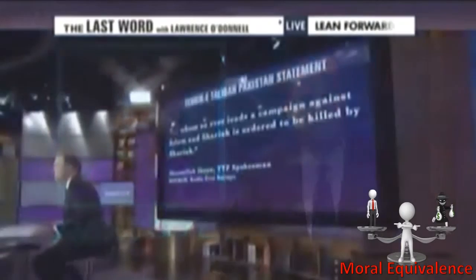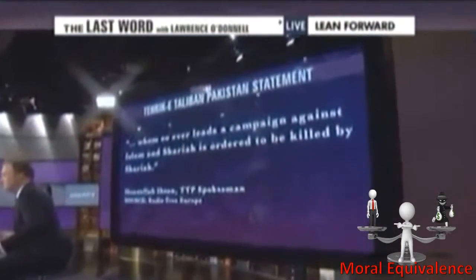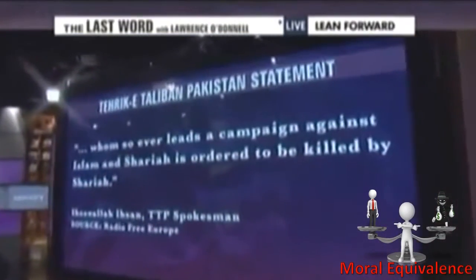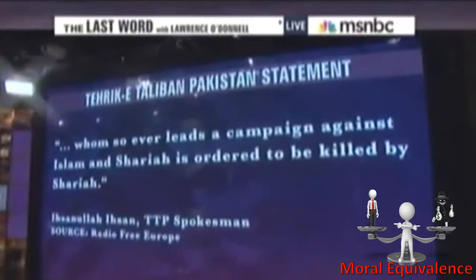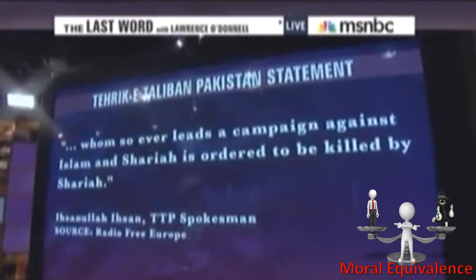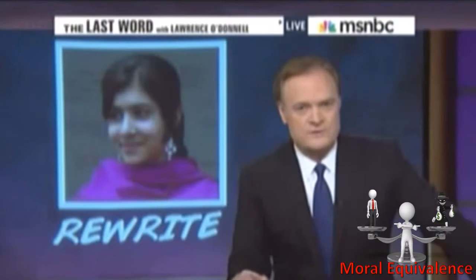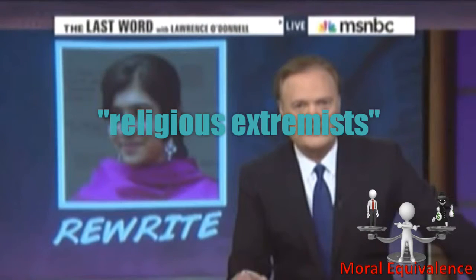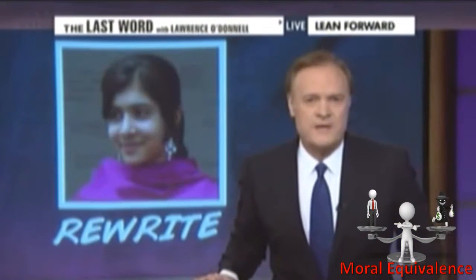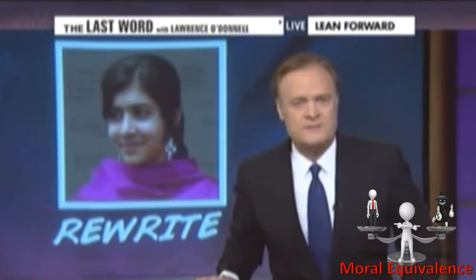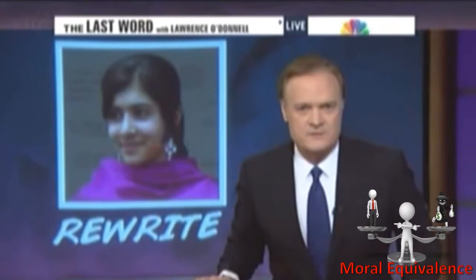The spokesman said, "Whomsoever leads a campaign against Islam and Sharia is ordered to be killed by Sharia." Malala Yousafzai has, of course, never led a campaign against Islam, but religious extremists see that differently. When she was 11 years old, she began writing an anonymous blog for the BBC called Diary of a Pakistani Schoolgirl.